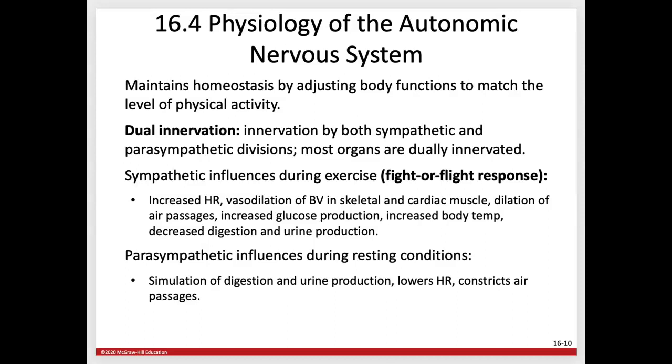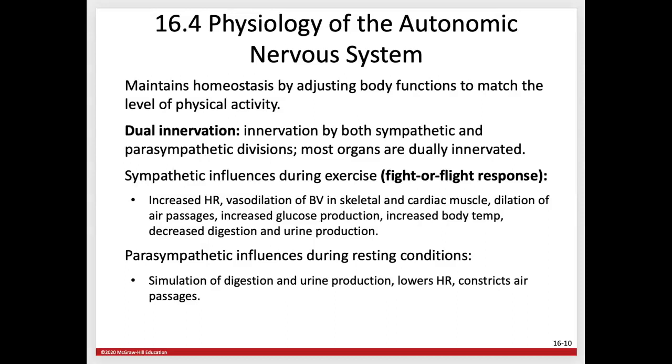So sympathetic influences are during exercise or survival, as in getting away from a bear, right? Fight or flight. Sympathetic, fight or flight. The sympathetic nervous system will increase your heart rate. It will dilate your blood vessels.